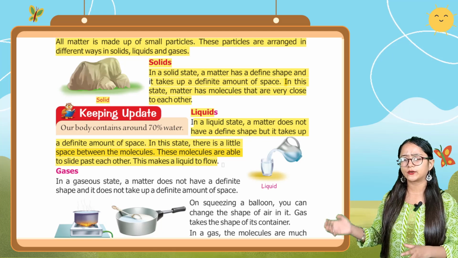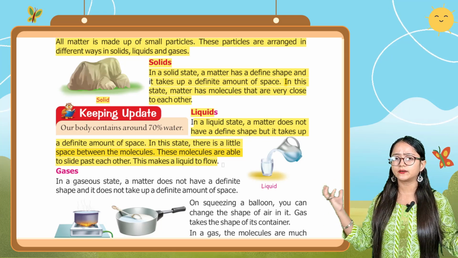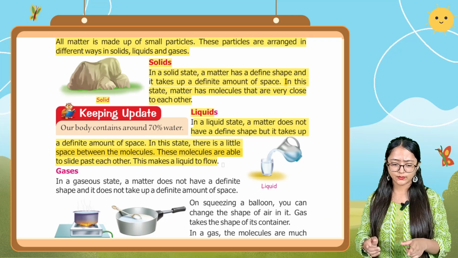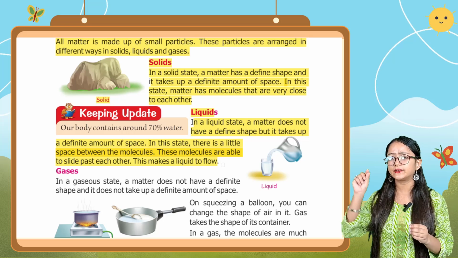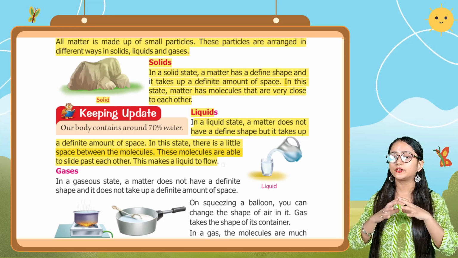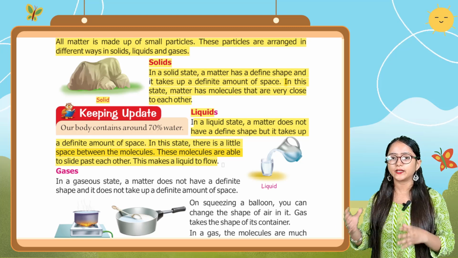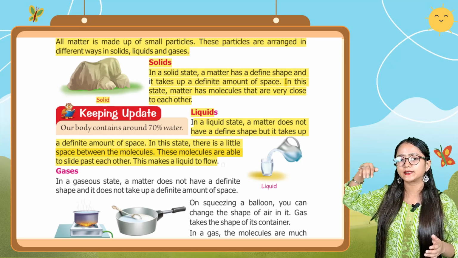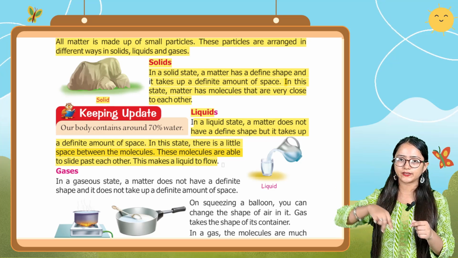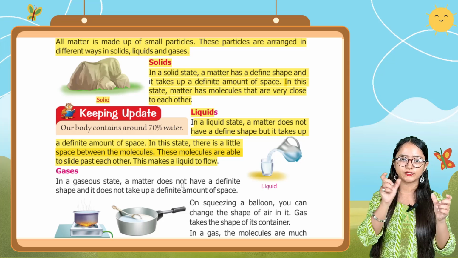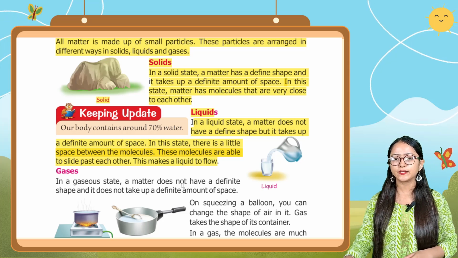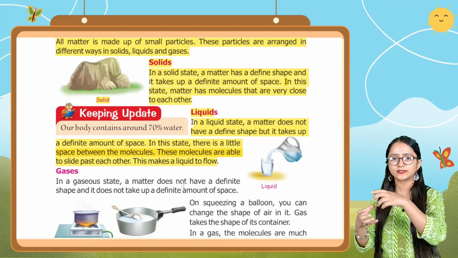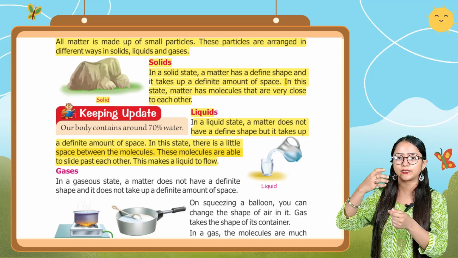If we compare liquid to solid, in solids the particles are very closely packed with no space in between, but in liquids there are little spaces, so the liquid can easily flow and take the shape of each object. When put in the bottle, it takes the shape of the bottle; in the glass, the glass; in the spoon, the spoon.